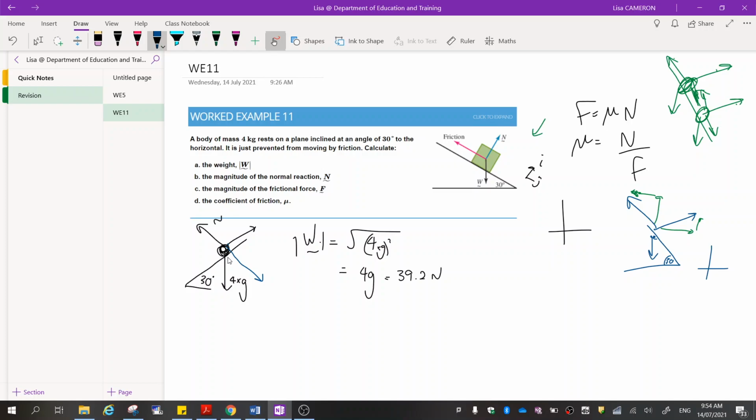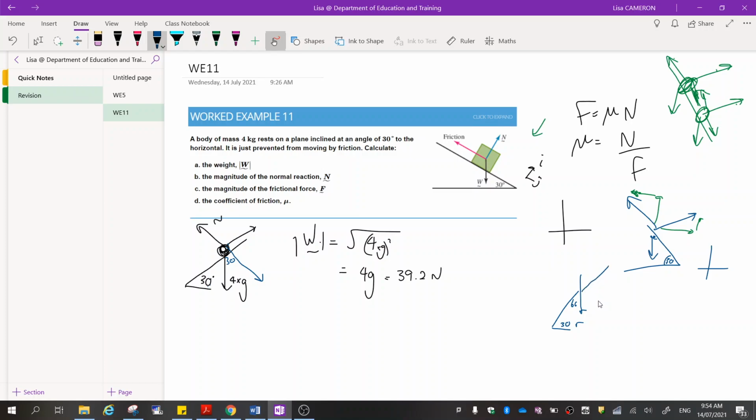Now we're getting this to be in line with these planes. So if this is 30 degrees here, this angle in here is also going to be 30 degrees. The reason why that happens: if this is 30 degrees and this is a right angle, then this is 60 degrees.